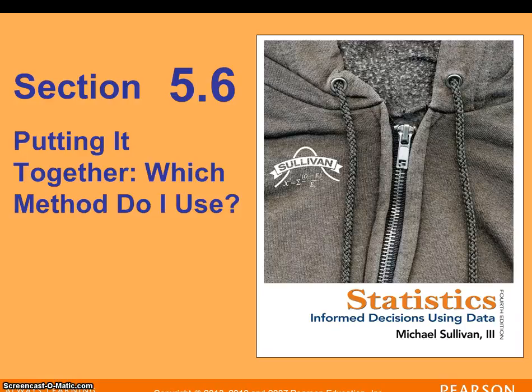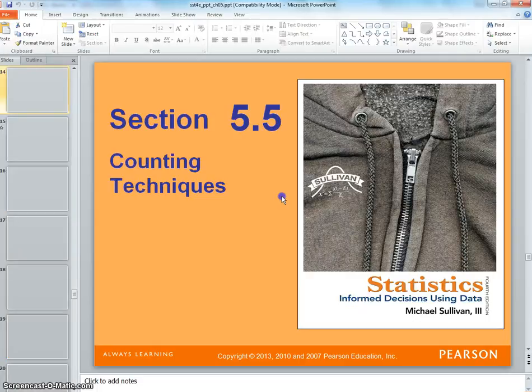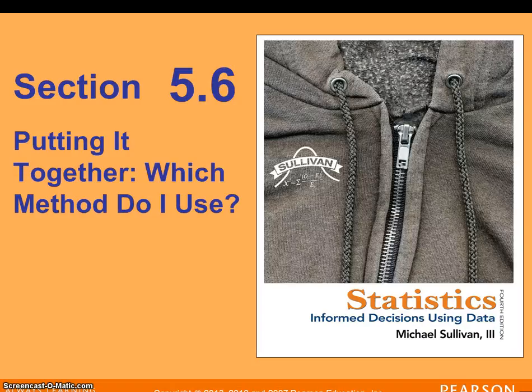Hi everybody. The next section that we're going to look at is section 5.6, and in this section we'll kind of put all the techniques together and help you determine which techniques to use and which ones not to use.